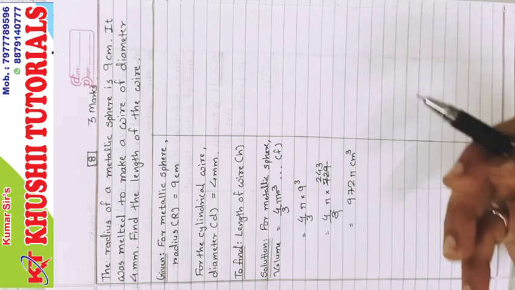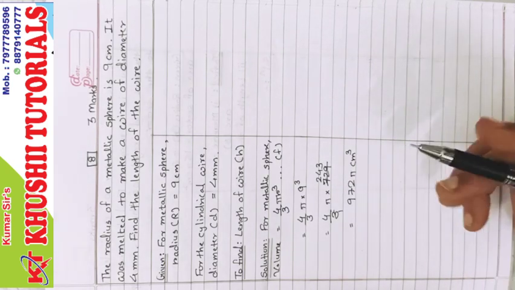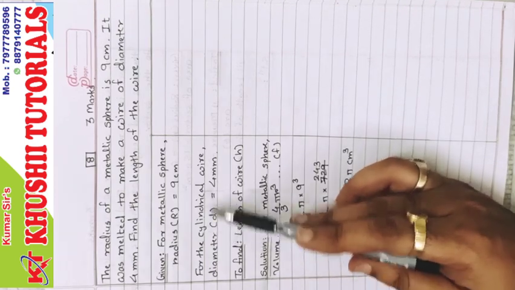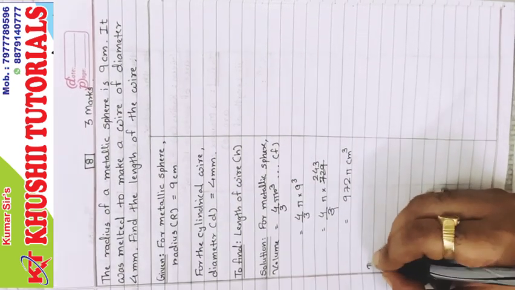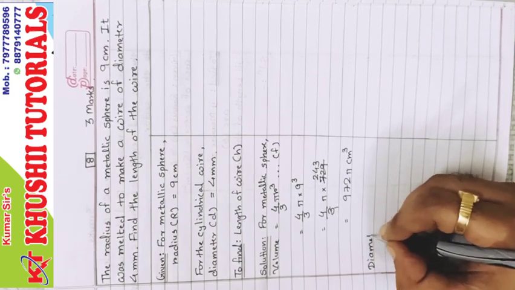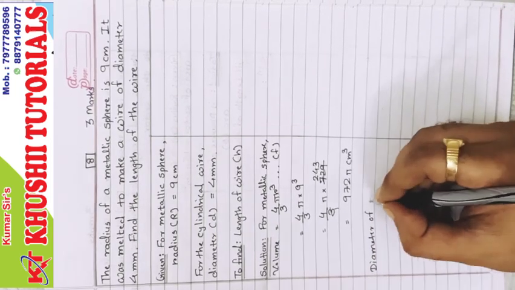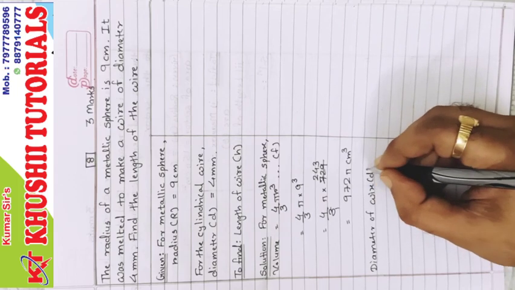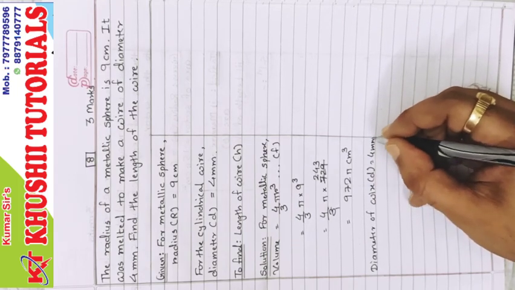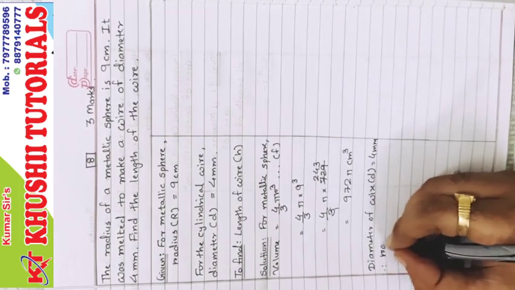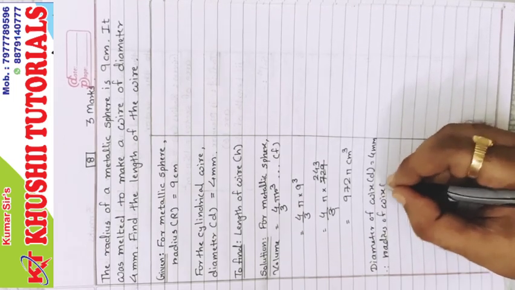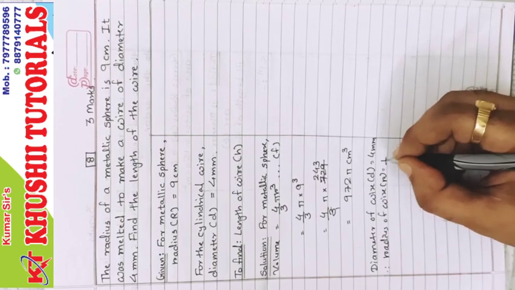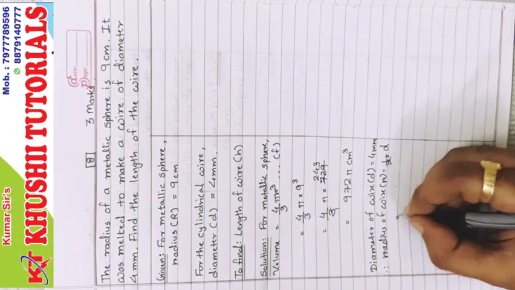After that it was melted, and the wire of diameter. Now wire means a cylinder. Diameter is 4 millimeter. Now diameter of wire D is 4 millimeter. Therefore radius of wire R is half of diameter.